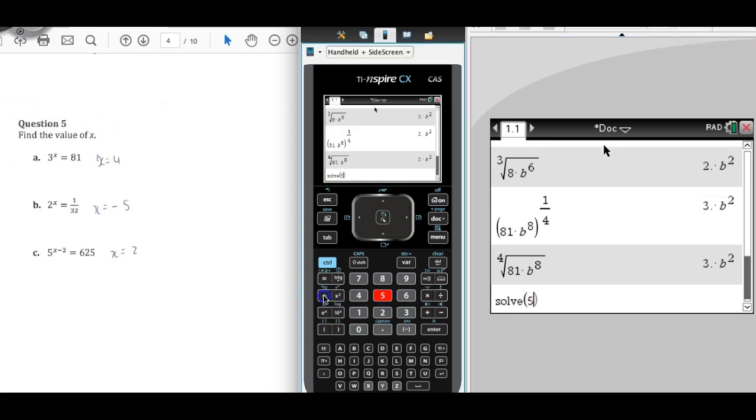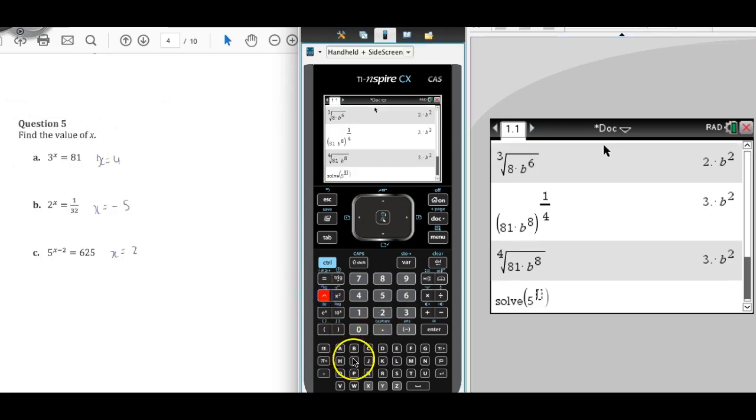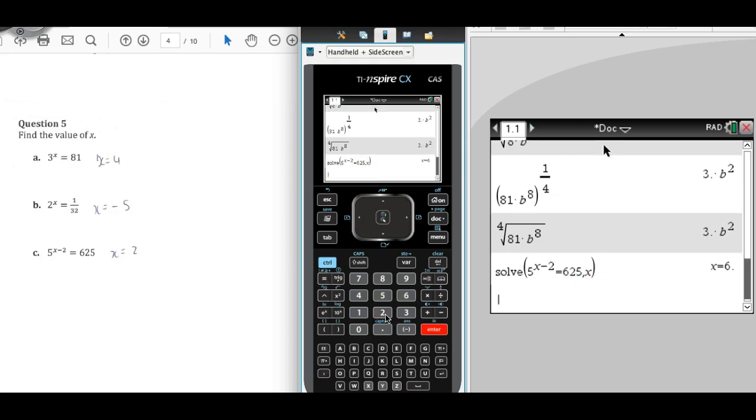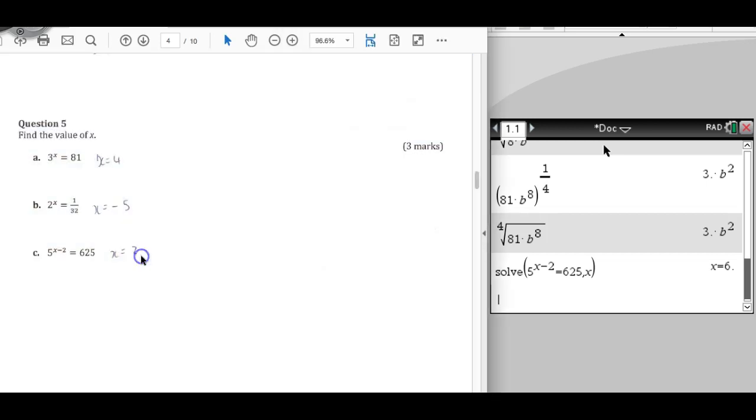So we want 5 to the power of x minus 2, and that is equal to 625. And then we're solving for x. Oh, that's wrong. Okay, that should be 6. How come I wrote 2? That's funny, because that is clearly not right. I don't know what I did wrong there. Okay, so x is equal to 6. I'll have to change that.